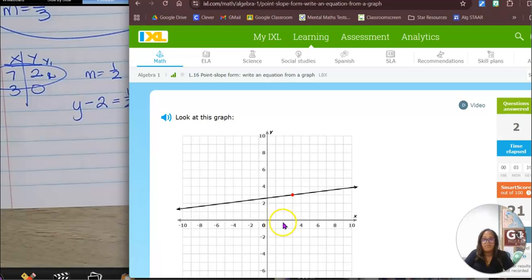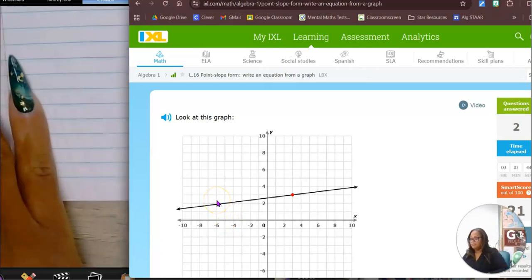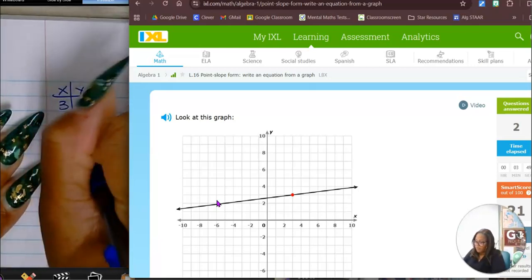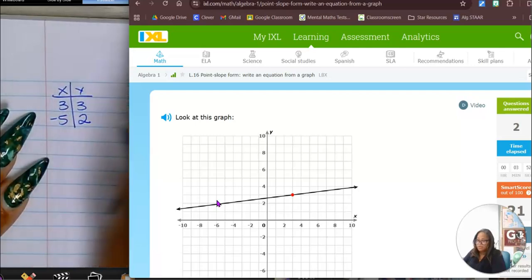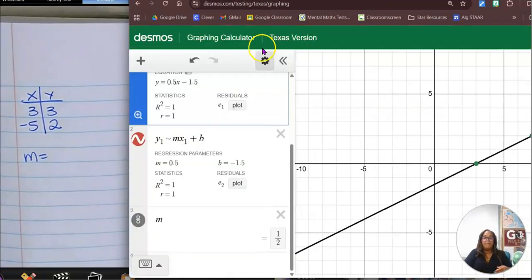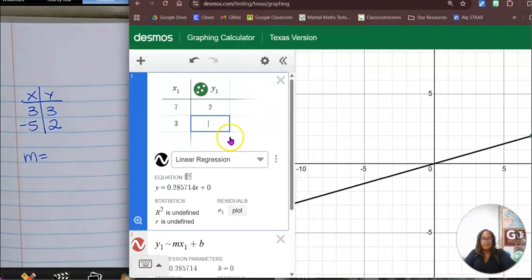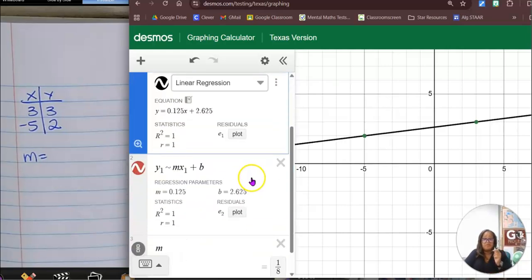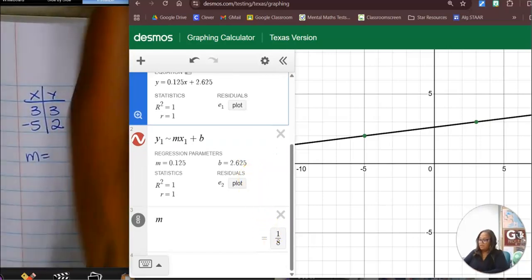All right, I've got to use the point 3, 3. And then another point. I don't have any intercepts that I can identify, so I've got to find another point. This one looks like it, -5, 2. 3, 3, -5, 2. Bless you. My slope is 1/8.